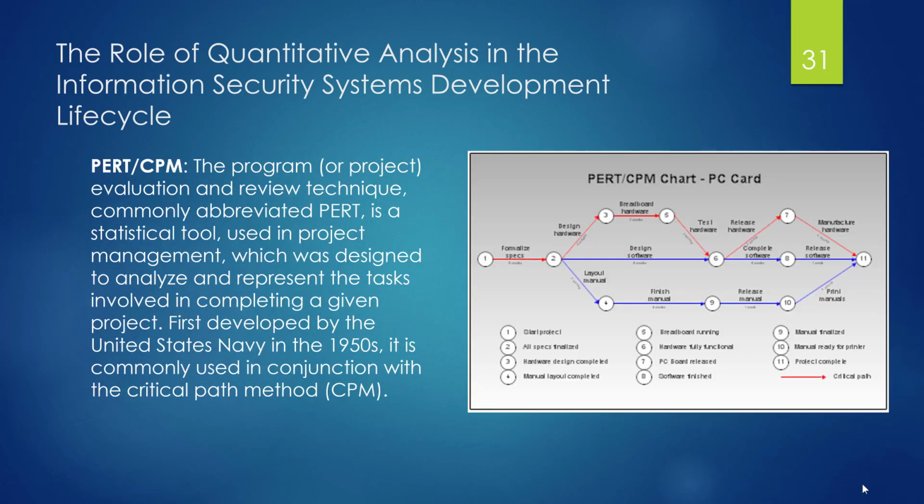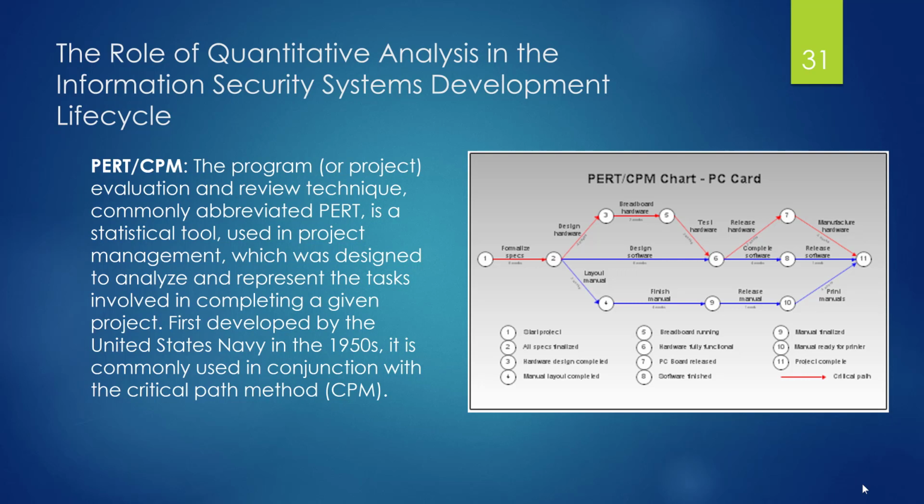Another way of reaching decisions is something we've known about since the 1950s, associated with project management. It's the idea that we're going to look at what our critical path is. That's what CPM stands for, critical path methodology. What you're trying to do is lay out the tasks and the resources, how much time each one is going to take, figure out the longest path through the system, and then work on that critical path.